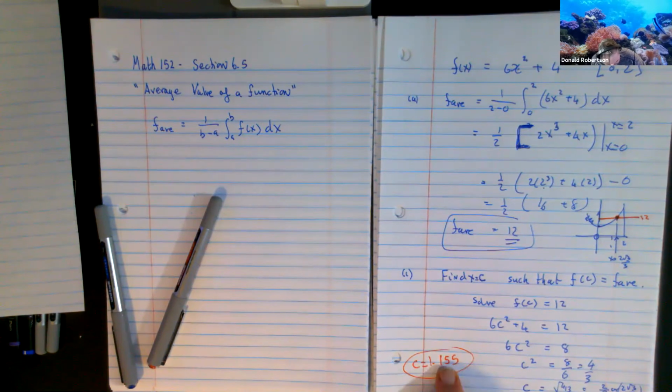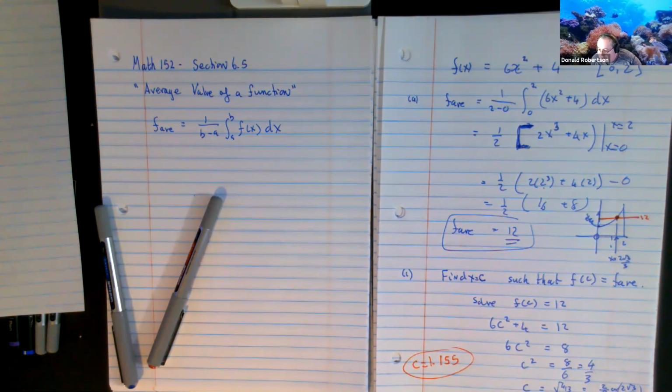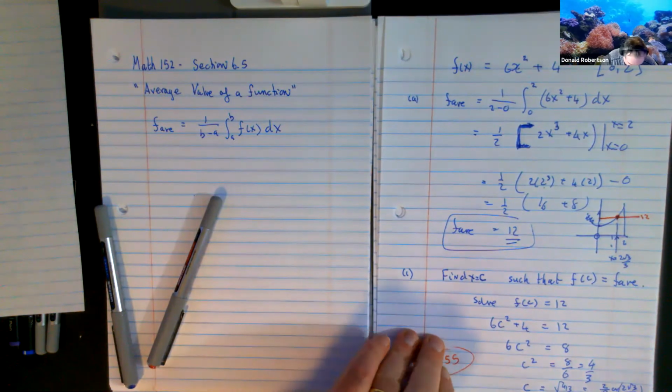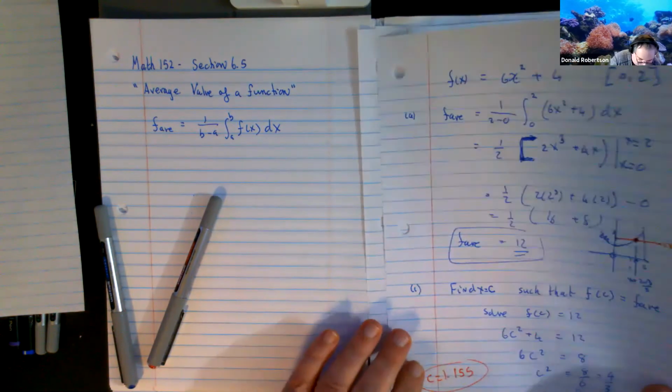And the answer is 1.155, or more precisely, this fella. Any questions about that? Are we good? You don't really get a lot of examples of that, so there's my version.